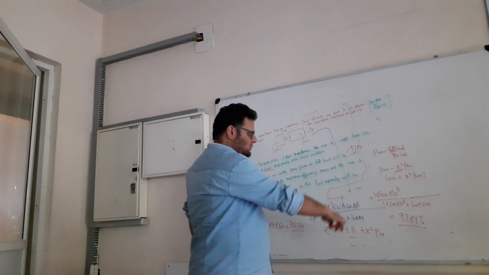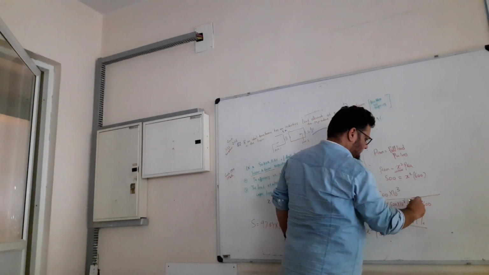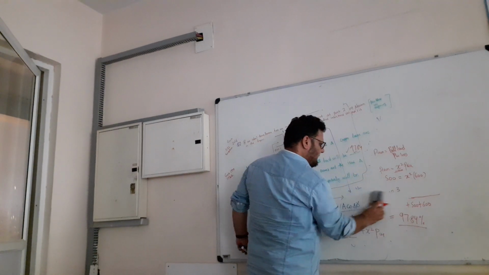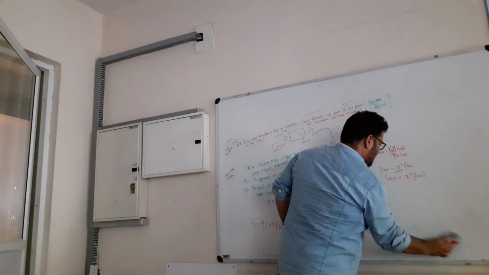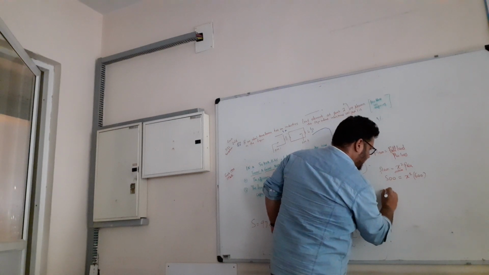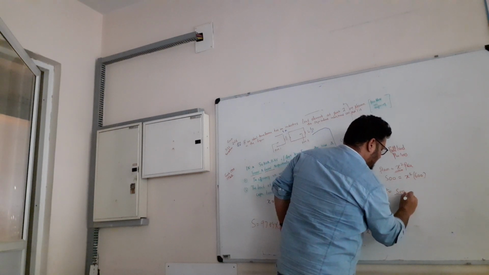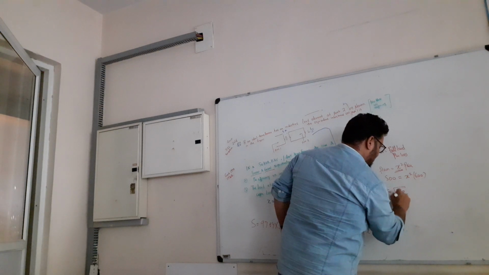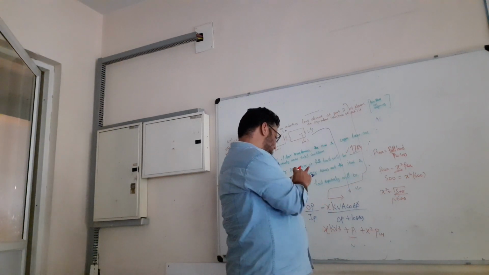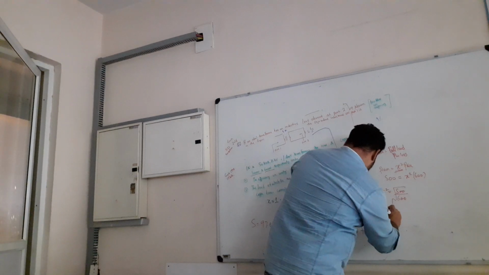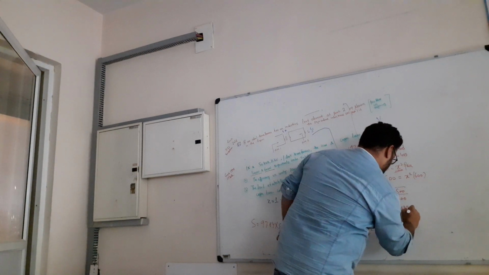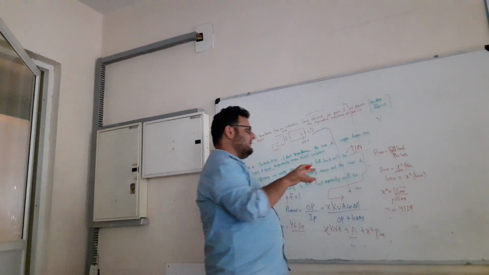So you can calculate from here. So you get X square is equal to 500 by 600, or in other terms X is the square root of 5 by 6, and this value happens to be around 0.9128.